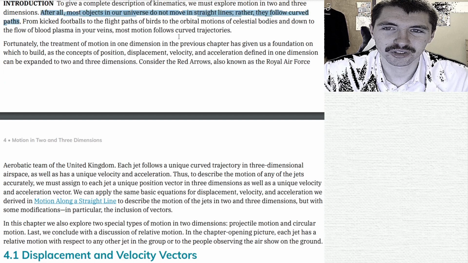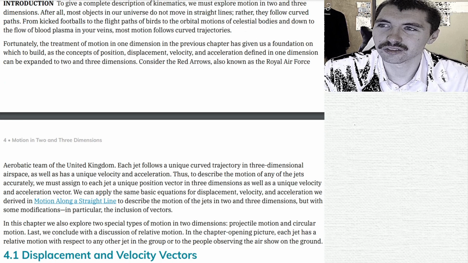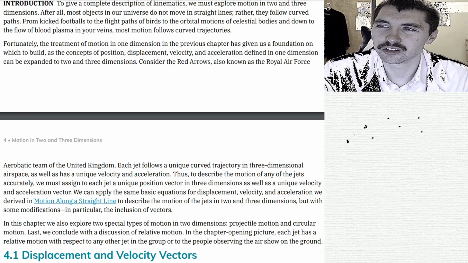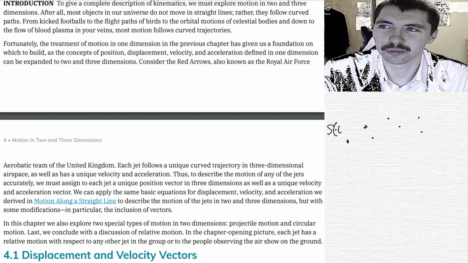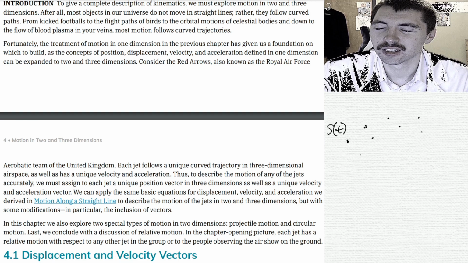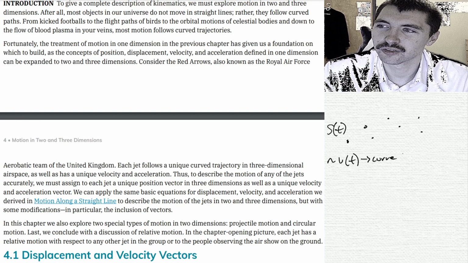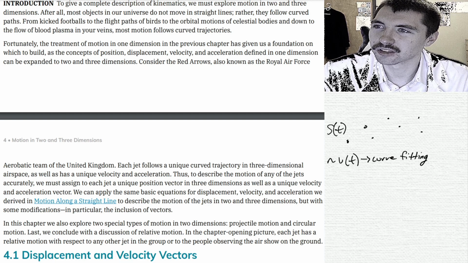So this may or may not be true. Definitely, if you're doing calculations, curve fitting. If you have a bunch of data, obviously this is discrete. This is like a zigzag. So this is your position function. You can estimate the velocity by curve fitting, and you can use linear algebra techniques.